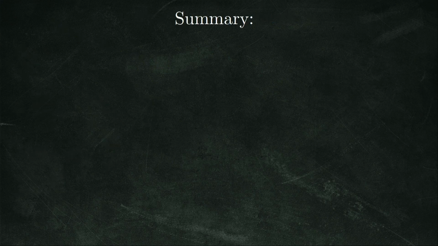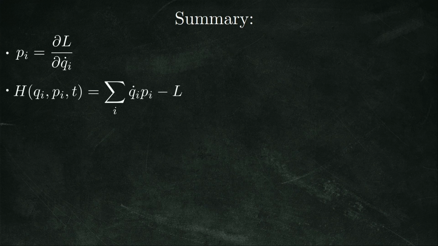So in summary, the conjugate momentum is defined as dL/dq dot. The Hamiltonian is given by the Legendre transform between q dot and p. And when we work this out, we have to substitute in for q dot, so that the final function is just a function of p and q, and not a function of q dot.